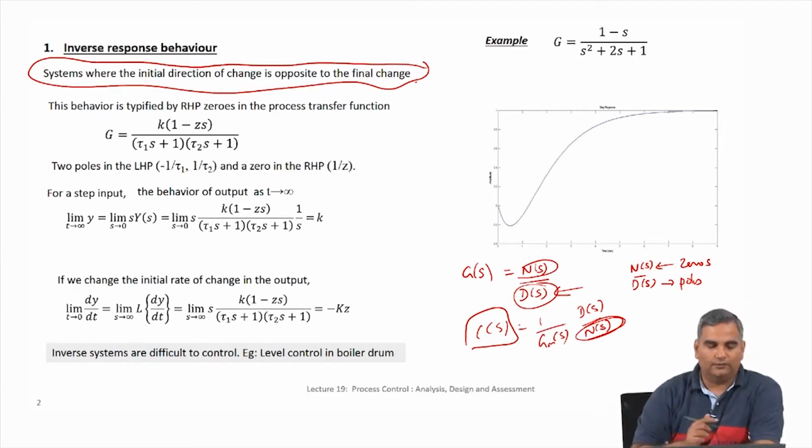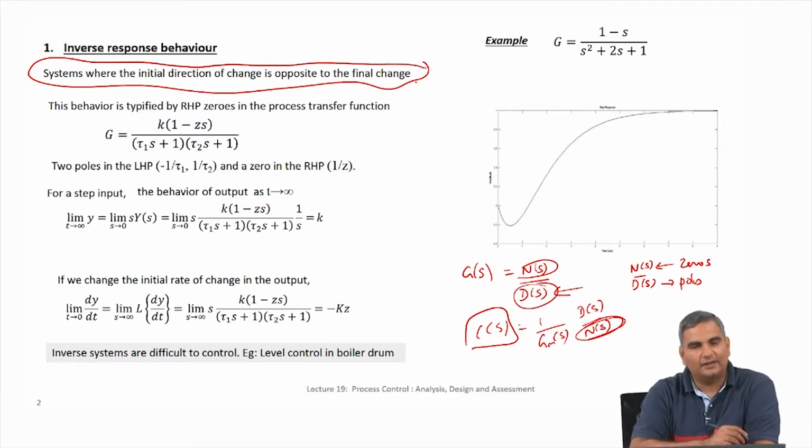Okay. So, the first answer, if you just look at the transfer function, if you want to understand whether this process which is represented by this transfer function has an inverse response, what you do is, for the first time I am going to tell you, focus on the numerator.